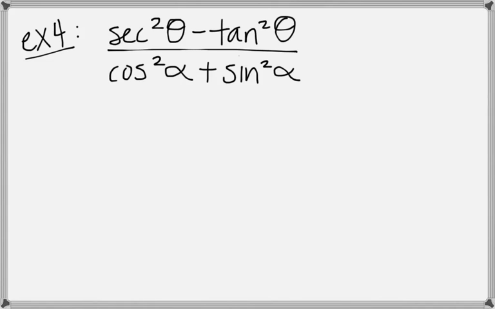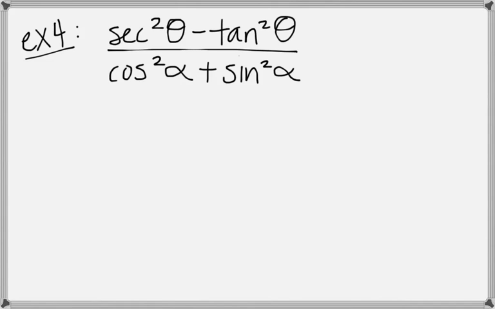On the bottom, what's that little fish-looking thing? That's alpha. Remember that identities work no matter what the variable is. So that means we can trade the variable out with something else, and the identities are still going to work. So don't let different letters, different symbols fool you. It's still doing the same thing as it did before.